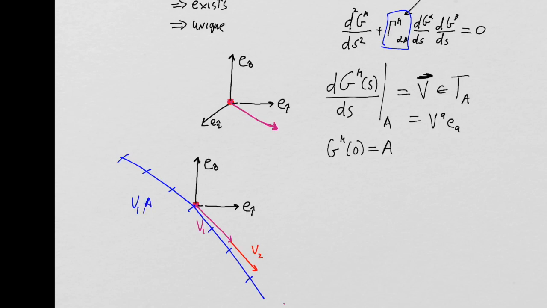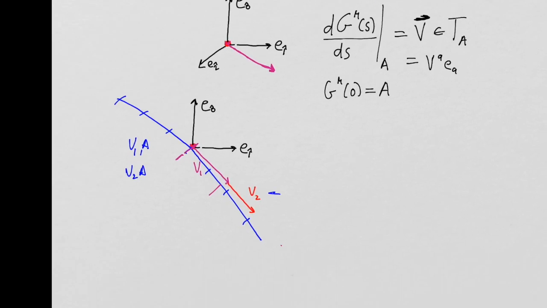The second curve, the curve given by V2 that has initial conditions V2 and A, it's actually the same curve, but the tick marks, although they both start at 0, right? The tick marks on V2 will be greater, meaning 1 unit of tick along V2 is going to move farther along the curve than 1 unit of tick along V1, right?